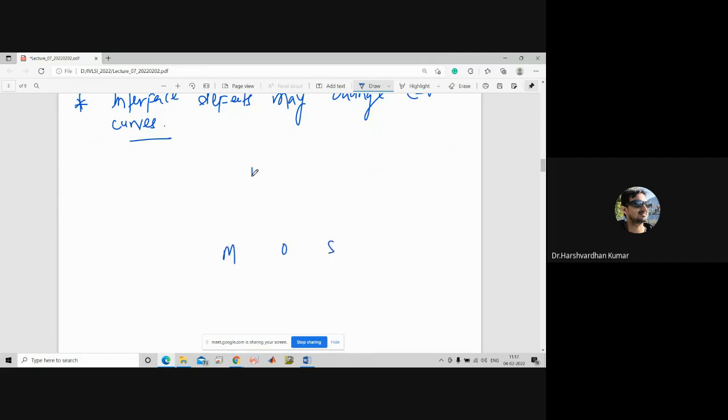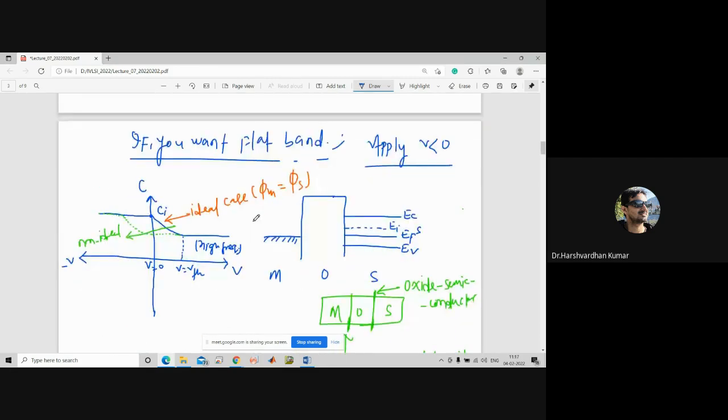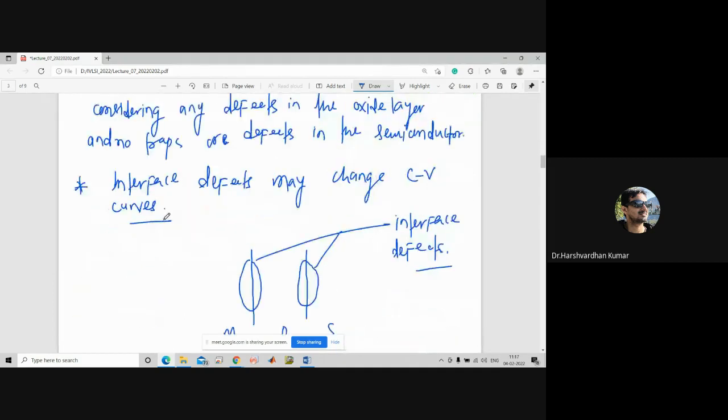The interface will be between metal and oxide, and also between oxide and semiconductor. At this region, there will be interface defects. Because of that, the semiconductor CV characteristics may be affected. As a result, you will get some different value of capacitance with respect to the voltage. So this is all about the non-ideal case.